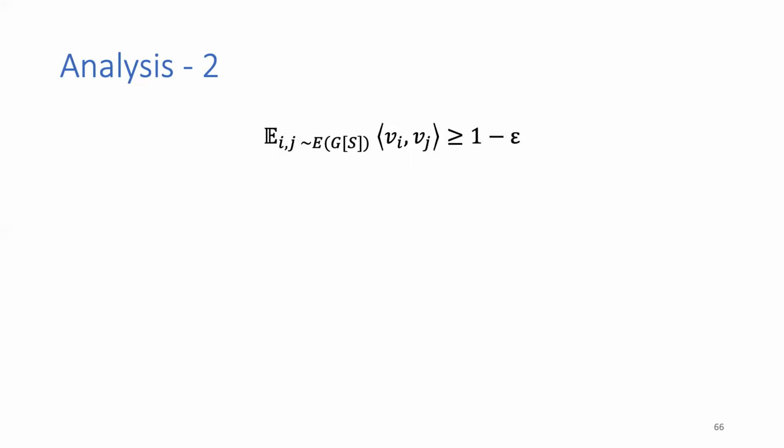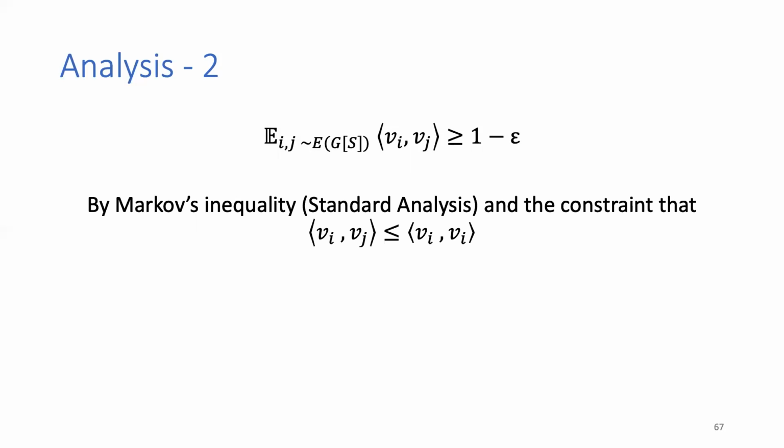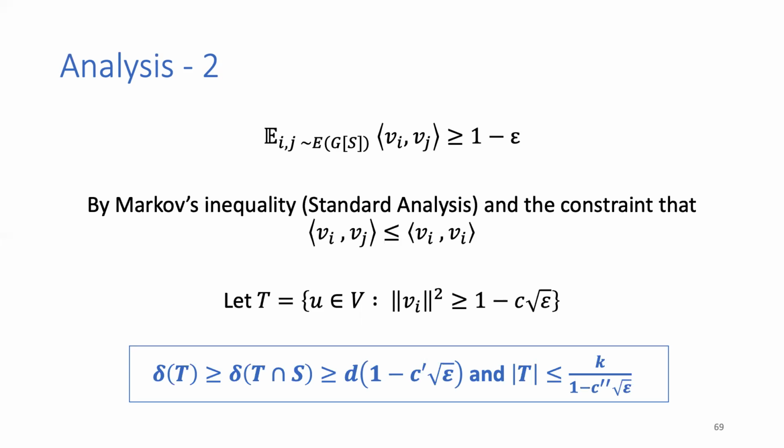We are successful in showing that the expected value of v_i dot v_j in this probability distribution is large. Then using Markov's inequality, some standard analysis, and some of the SDP constraints, we can show that if we construct a set T consisting of the vertices whose lengths are long, that is, if the squared norm of v_i is greater than or equal to 1 minus c times root epsilon, then the average degree of T is greater than d times 1 minus some error term, and the size of T is k divided by 1 minus something.